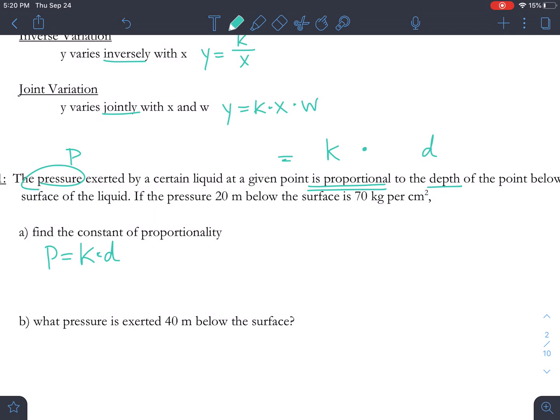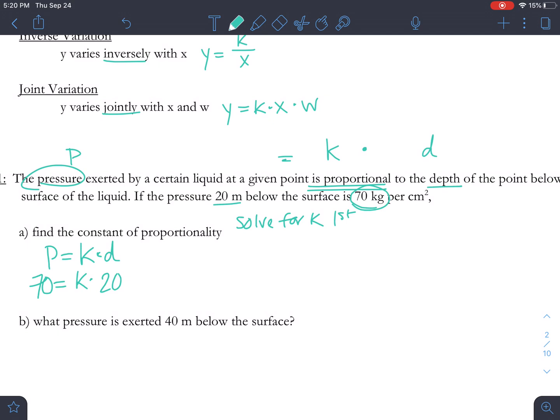So the first thing it's going to ask for is that constant of proportionality. And in a general sense, we're always going to solve for K first. Always solve for K first. So it gives us this info. It says if the pressure 20 meters below the surface, that's the depth, excuse me, is 70 kilograms per centimeter squared, so 70 is the pressure.